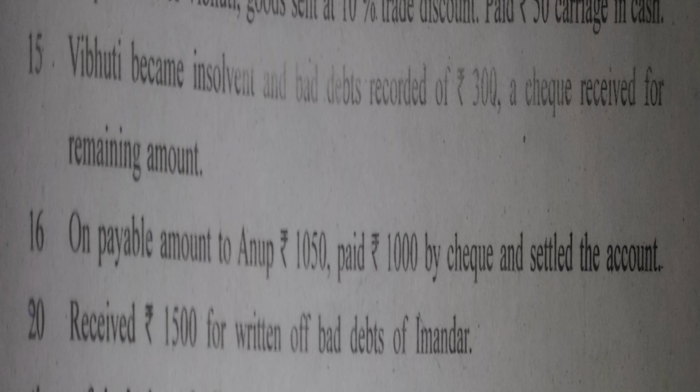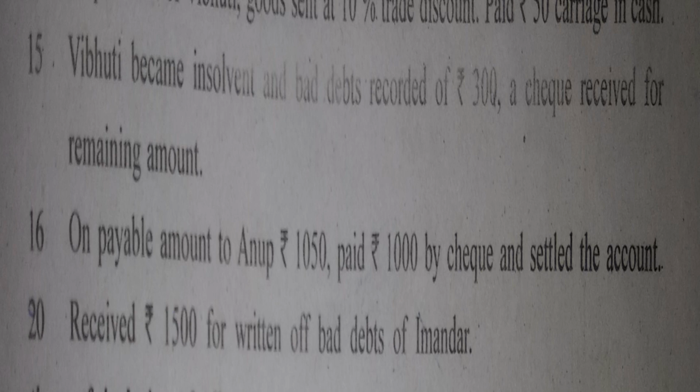So I have explained this while explaining illustration 10 that whenever the amount of bad debts is recovered, it is an income. So how much amount is received? 1500. So cash comes in. Cash account debit 1500. To bad debts recovered account. You cannot write to Imandar.